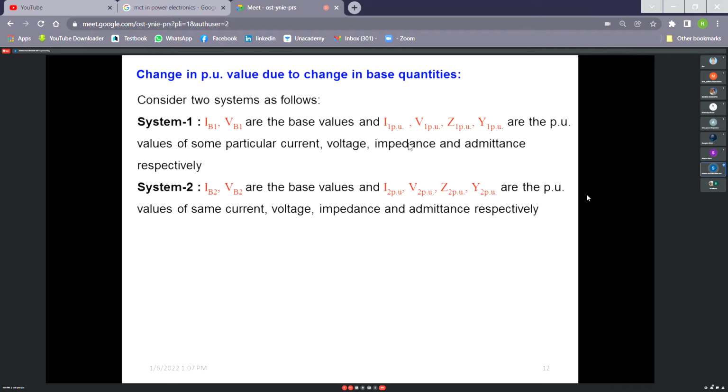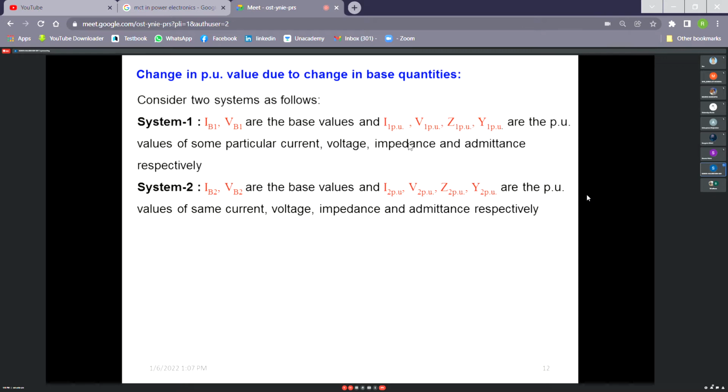Then obviously the per unit value will be changed. Now, say for 10 ampere base value and 2 ampere current, what will be the per unit value? 0.2 per unit. Then what will be the per unit value if we change the base from 10 ampere to 5 ampere? That is the thing we shall discuss here.